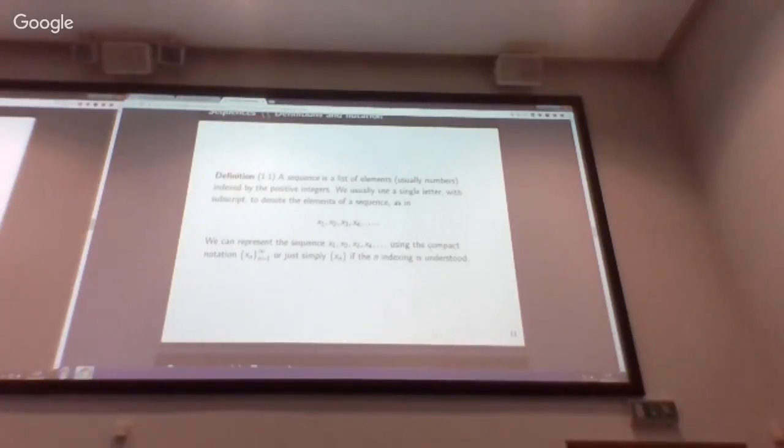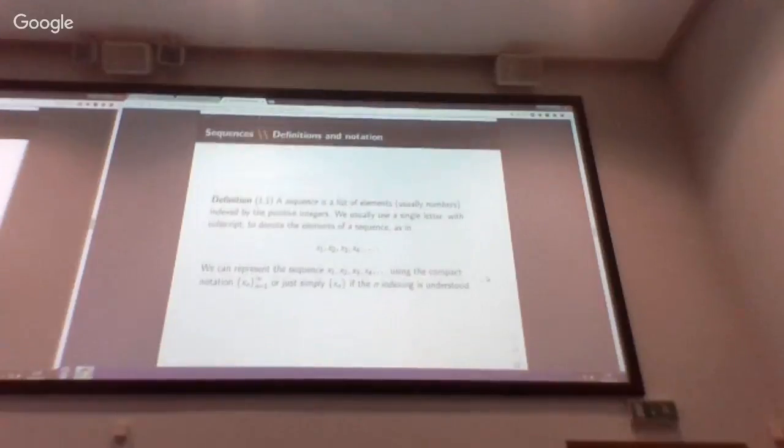So a sequence is very simply just a list of elements. A first element, a second element, a third element, and so on and so on. That's normally denoted by the letter x with the index in the subscript position. So x1, x2, x3, x4, the first four elements of the sequence.